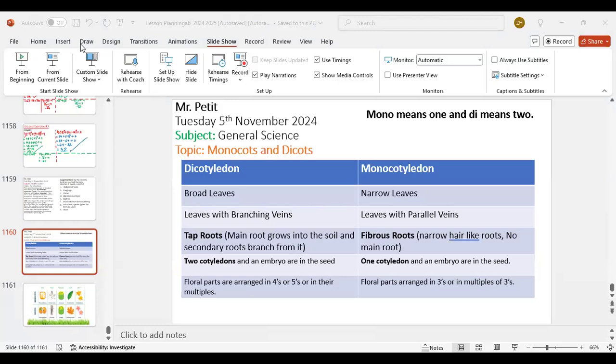I'm on the last one. You're on the last one, okay. I'm done.